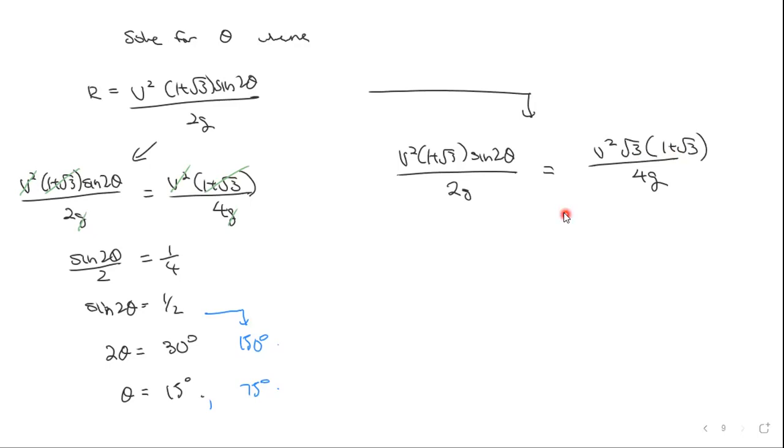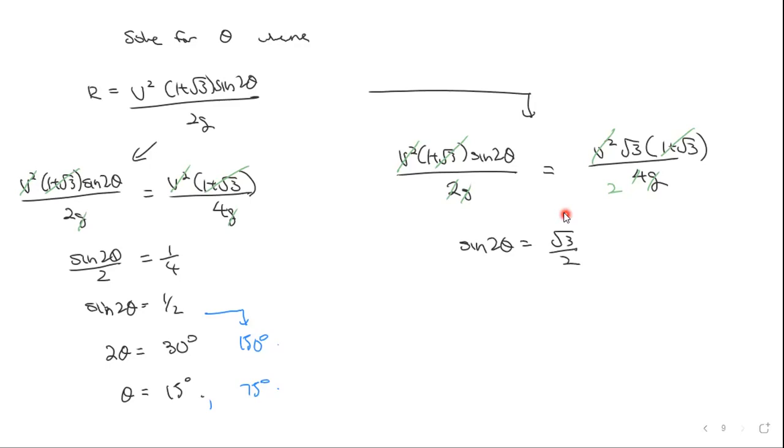And as usual, v squared cancels. 1 plus root 3 cancels. g cancels. 2 and 4 kind of cancel, so that's going to give me 2 there. And I'm now left with sine 2 theta equals root 3 over 2. Everything else is gone. And so if I'm solving for theta being acute, I need to solve for 2 theta in the first and second quadrant.